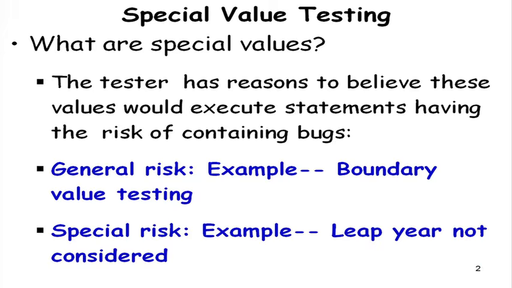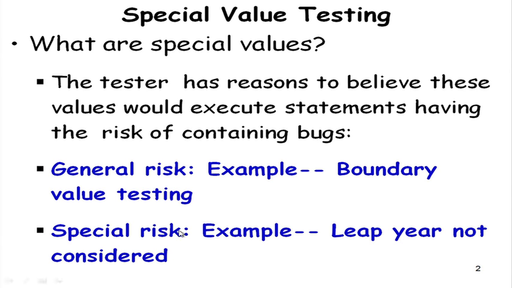We will just see why they commit mistakes, and then given any program, it is essential that we test the boundary values, because there is a large risk of bugs existing there.